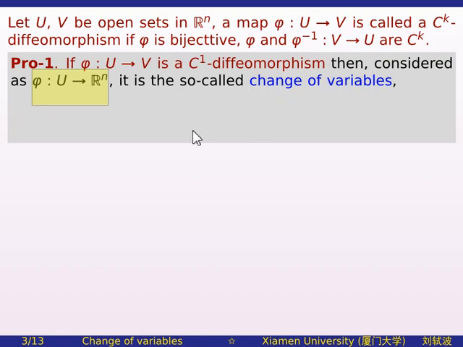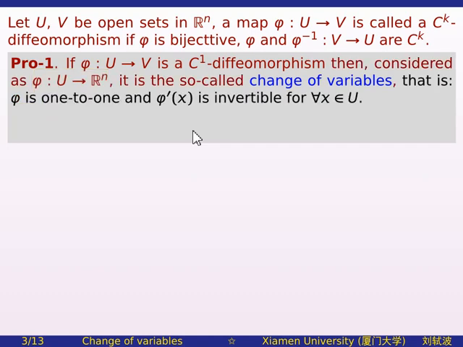So what is a change of variable? According to the textbook, a change of variable is a map from U to Rn which is 1-to-1, that is injective, and moreover the derivative of phi at any x in U is invertible. Remember, the derivative of this map, the differential matrix, and the Jacobian matrix are the same.